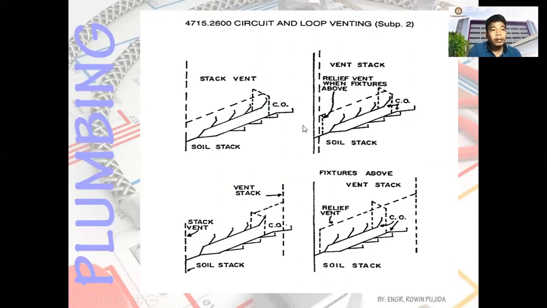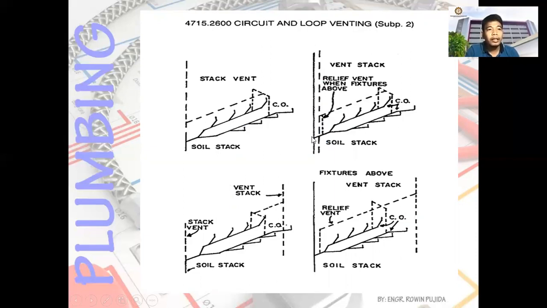Also in this example, if you have this part here as the last floor of the building, but if you have this maybe in the second floor, and then you have another floor, you have your main vent connected to the circuit venting.